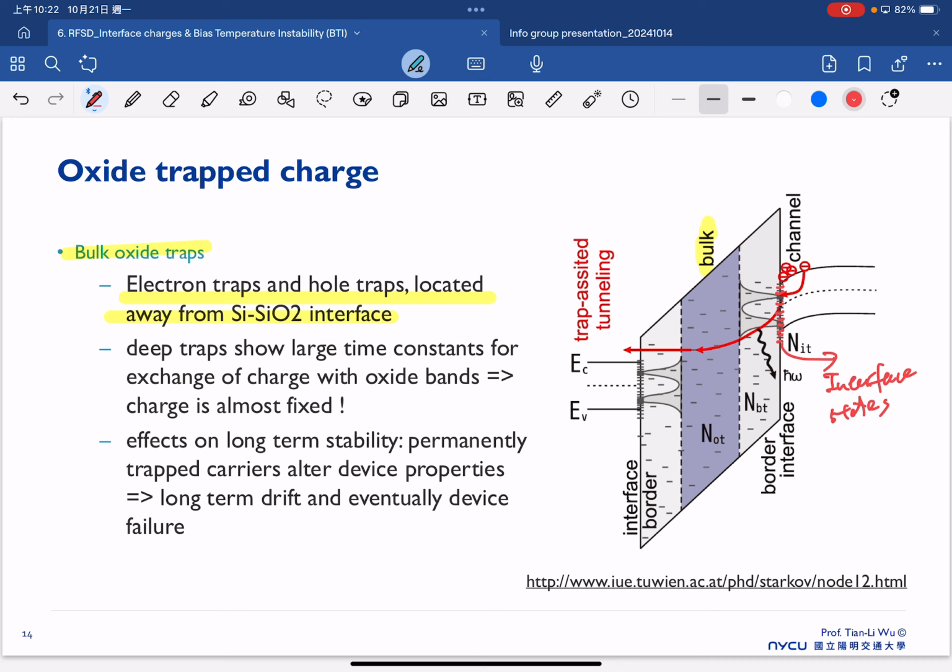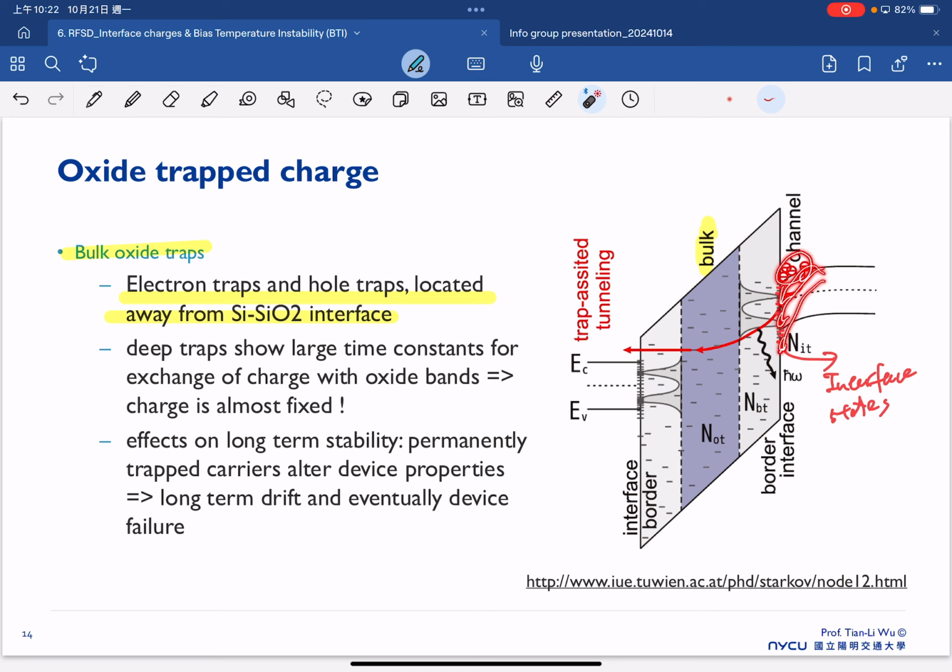But the problem is that with technology evolution, in the past we had a very thick dielectric. We had 50 nanometer SiO2. So whatever bias you apply, if you divide by the thickness, it is always a very small electric field. So it is true that at that moment we might only have electrons being trapped in this interface.